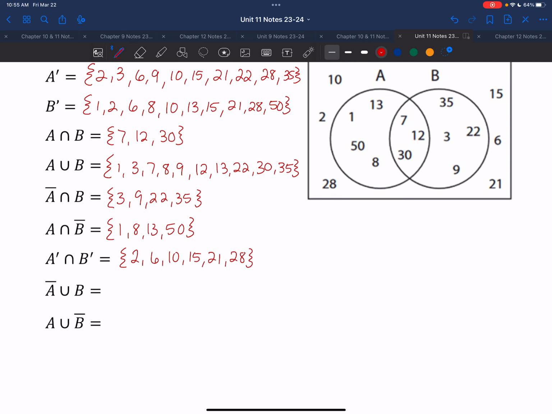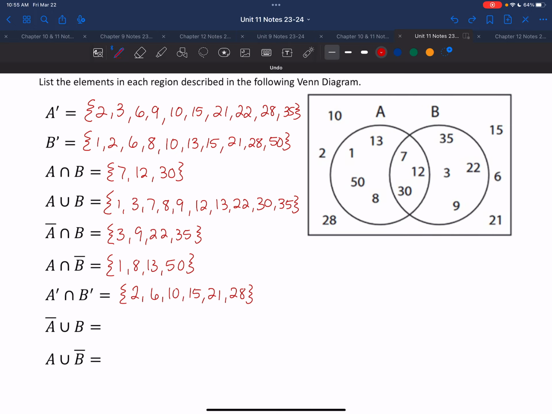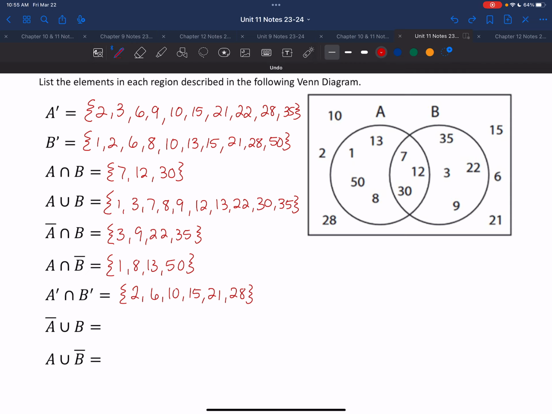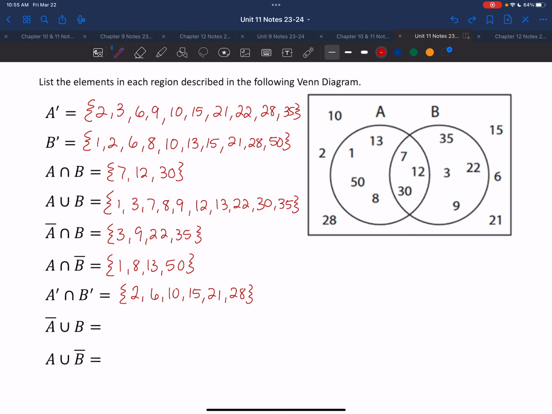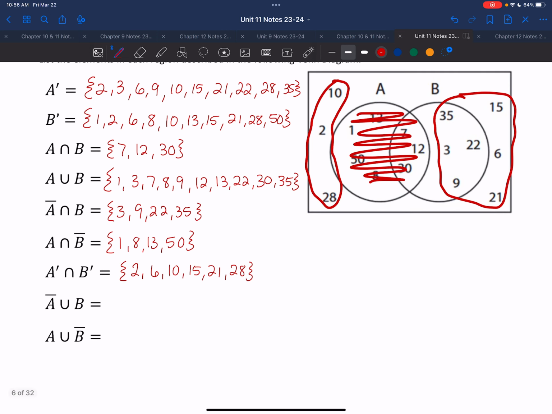This one, not A or B. Okay, so the U stands for or. So let's look at each set individually. Whenever it says or, it just has to satisfy one or the other. Okay, so not A. Well, A is this circle, so let's look at that. Not A. So all of these numbers count towards that, right? And then, or it could be in B, right?